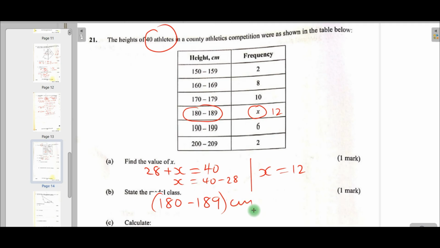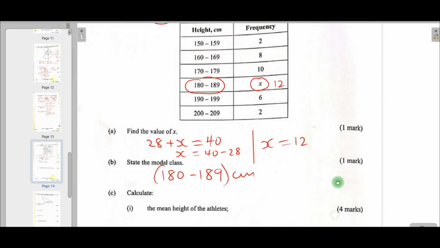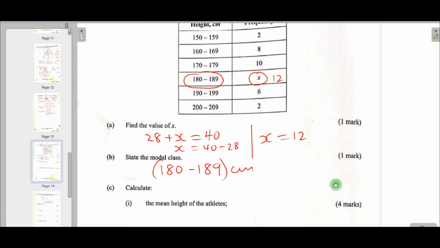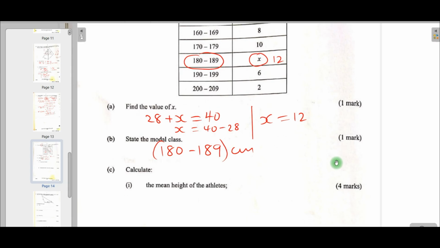Then from there we are supposed to calculate the mean height of the athletes. To get the mean height, the mean is given by sum of fx divided by sum of f, and therefore we need to modify the table such that we have fx.